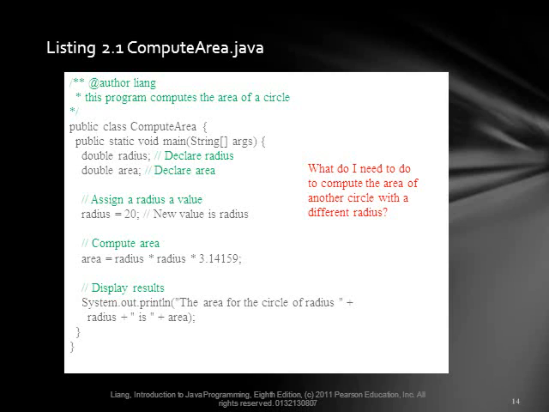And so that's why we call it a variable, because we can vary the value of it. But that's kind of awkward. Do you want your users to be calling you every time they need to calculate the area of a circle with a different radius? Then you'd have to ask, okay, what's the radius? Change the program, compile the program, and then have your user run the program.